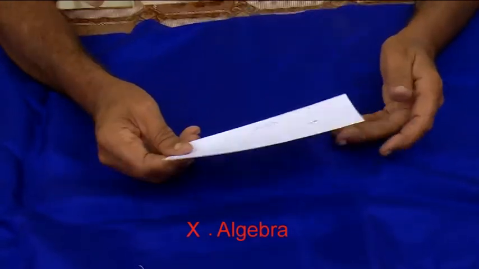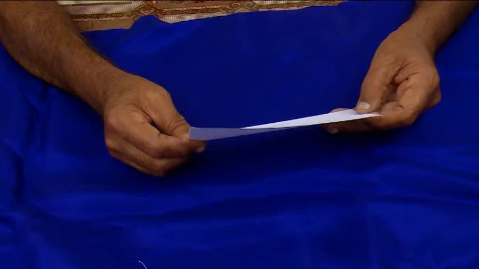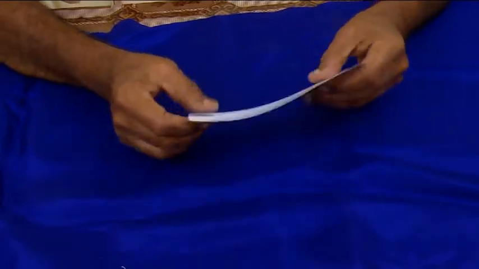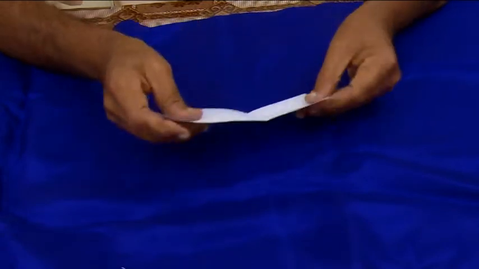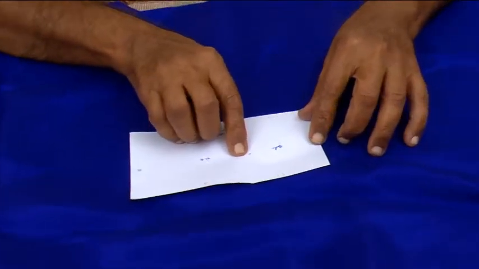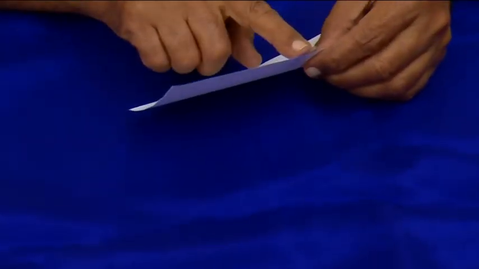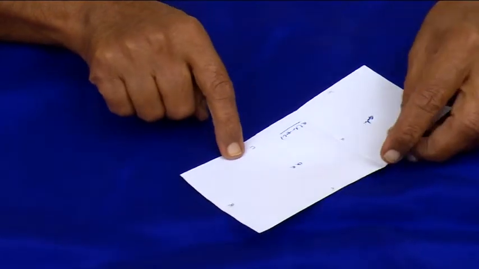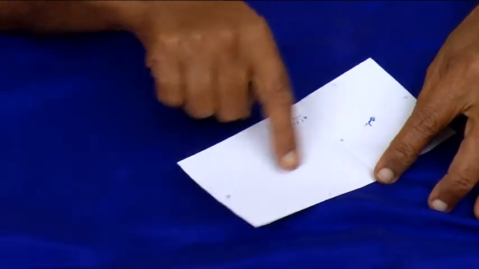Now A into (B plus C). I have taken a rectangular sheet. This is A, and I folded like this. Now you can see in the rectangle opposite sides are equal: this is A, and this is B. The rest I call C and C. These three line segments are equal because of the same breadth.